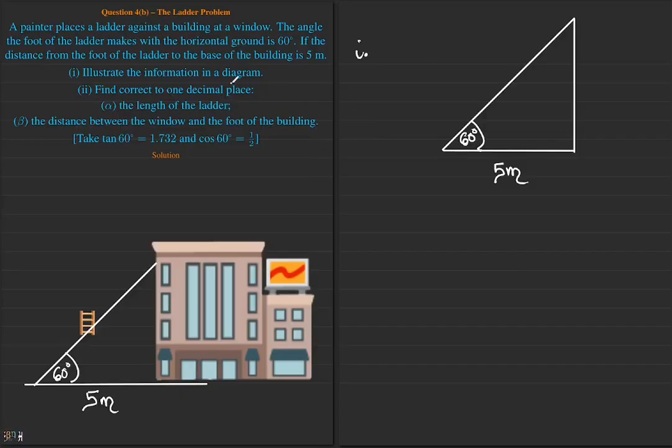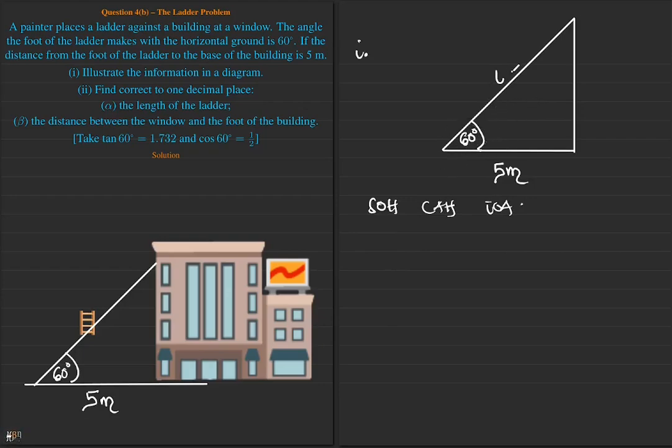Now it says you have to find, correct to one decimal place, the length of the ladder. So let's represent the ladder with L. If you want the length of the ladder, looking at the trigonometry ratios we have, SOH CAH TOA. At this particular moment, this is our angle of focus.